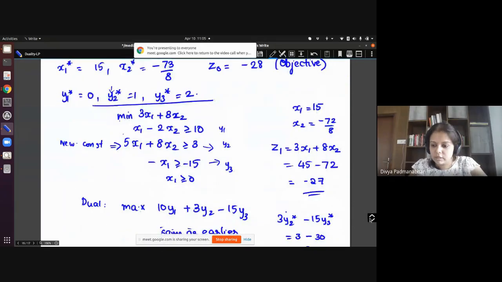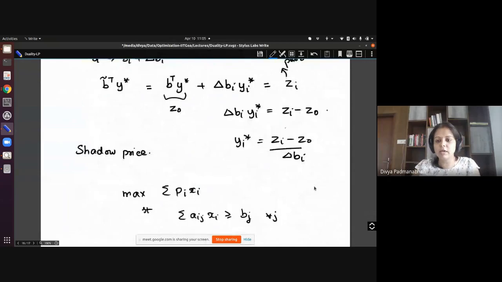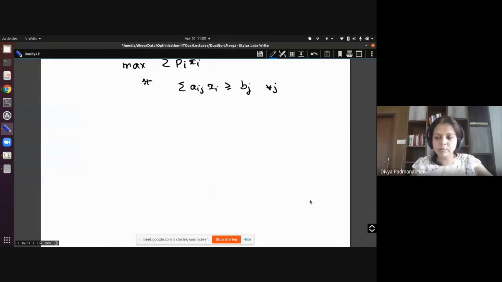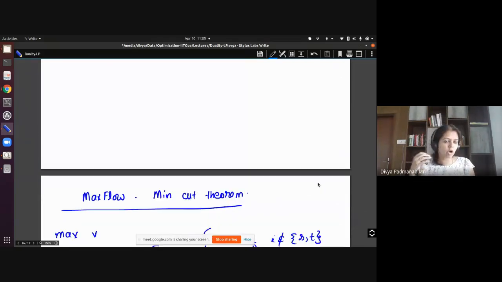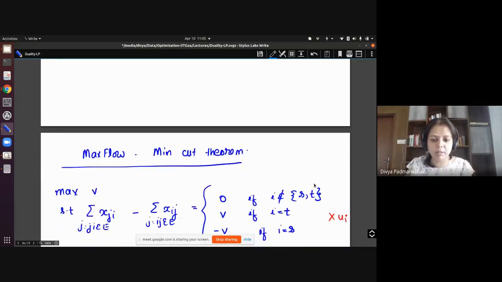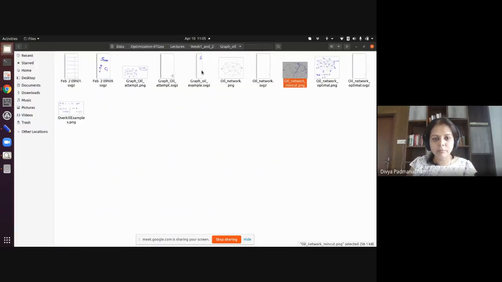So if this part is clear, what I would like to go to now is one example. It's another problem which you saw initially, the max flow problem. In the first class, I'd asked you to try to get some solution for this max flow problem. It was this oil delivery example that we had seen.